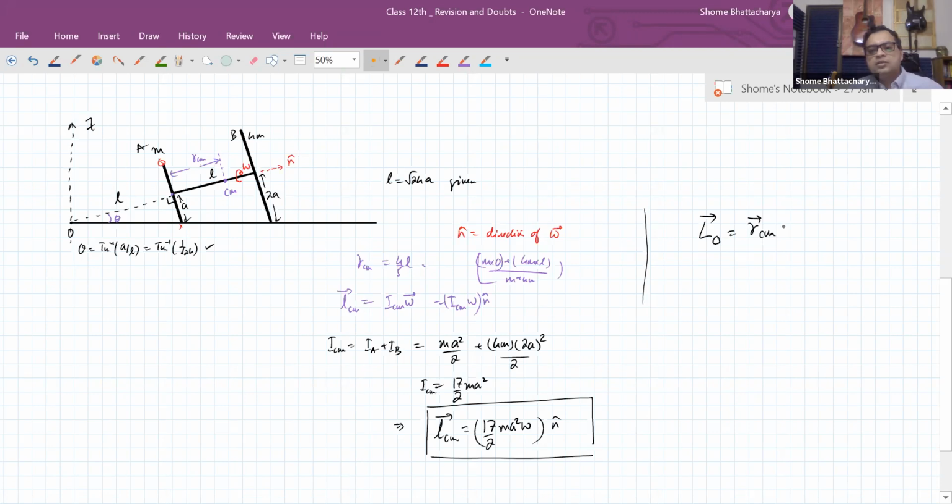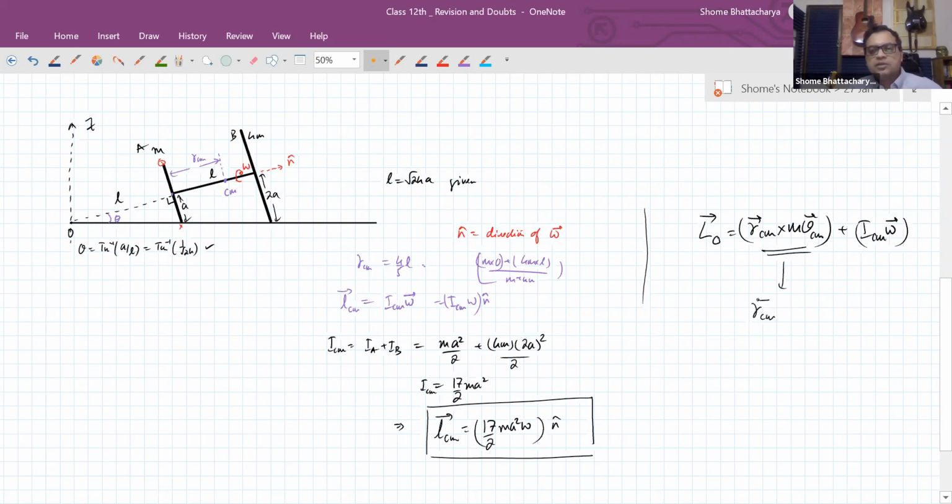RCM cross MVCM plus ICM omega. This thing we need to calculate. Now we have just seen that ICM omega is this term. Now we need to calculate this term. How much is this term? Angular momentum of the center of mass with respect to that point.